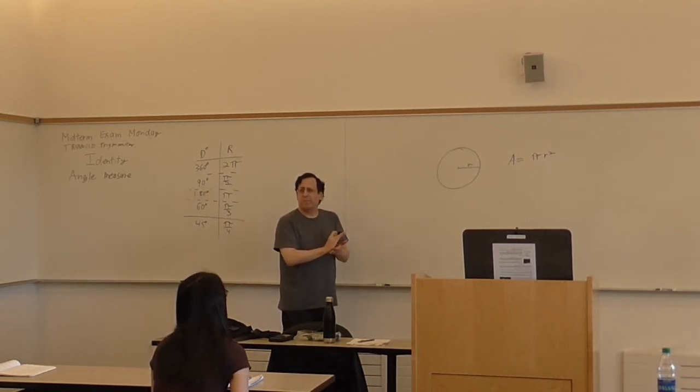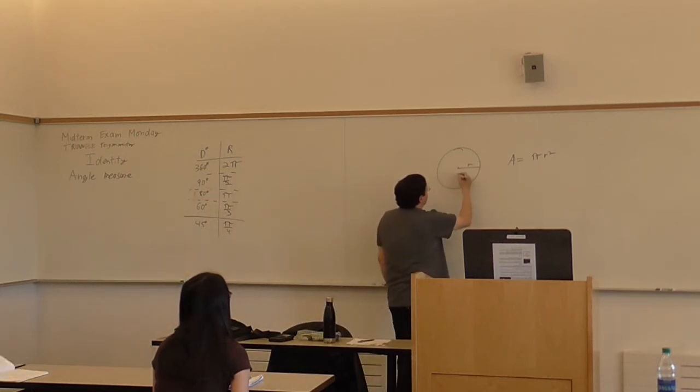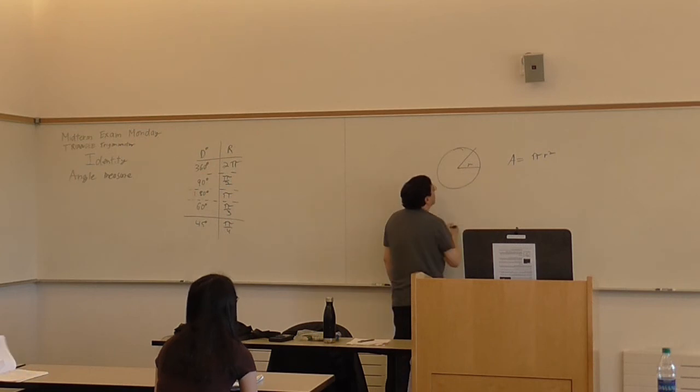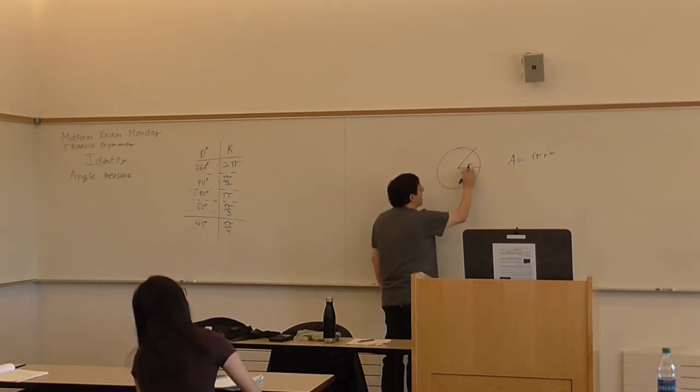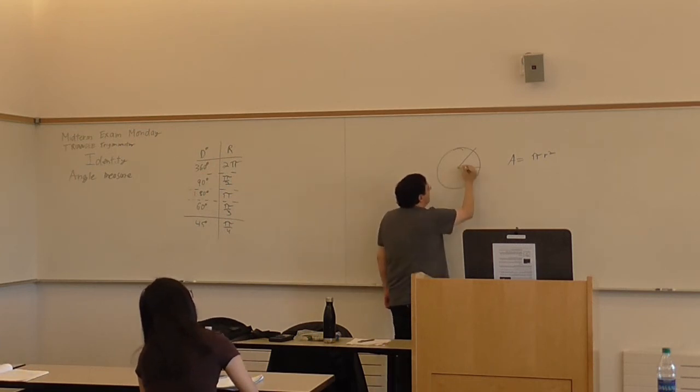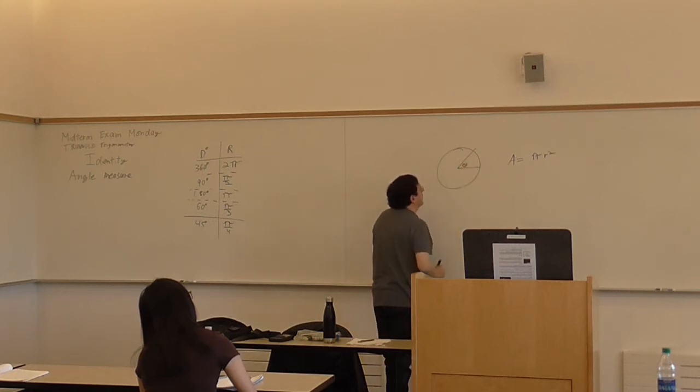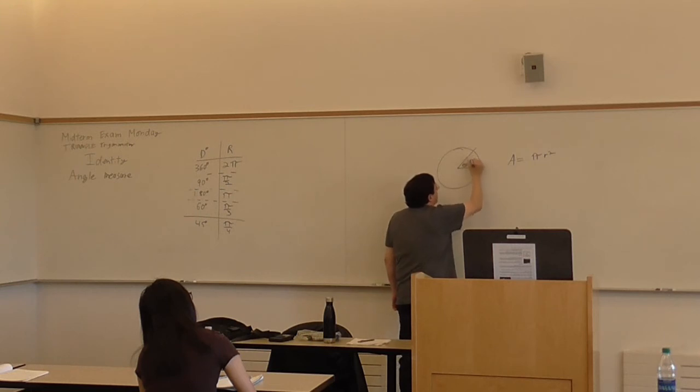What if I wanted to take a piece of the circle, a sector, and I wanted to know its area? So we'll call this theta. We want to know the area of theta.